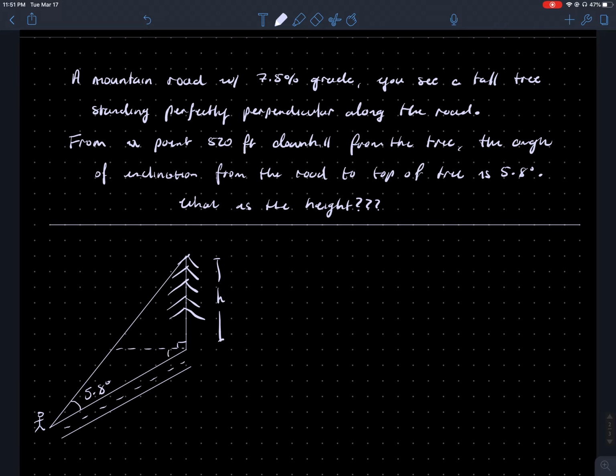Well, now this angle right here ends up being that grade. I'm going to label this alpha, okay? Because we actually don't know what this angle is yet until we solve for it.